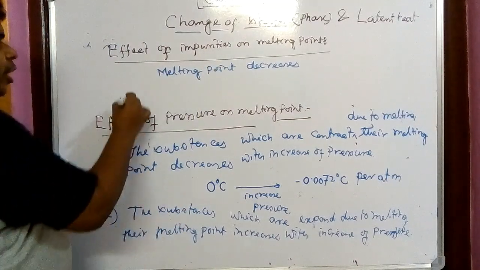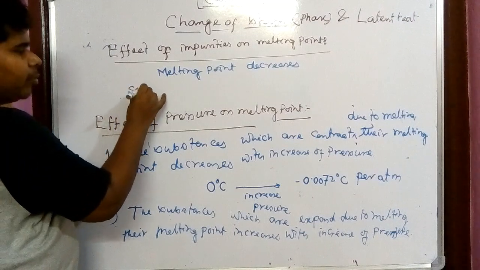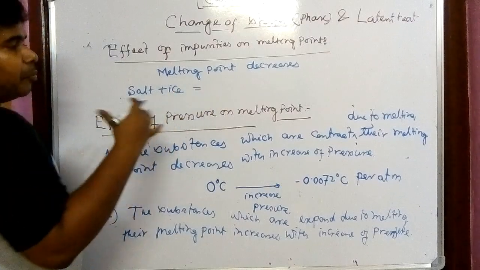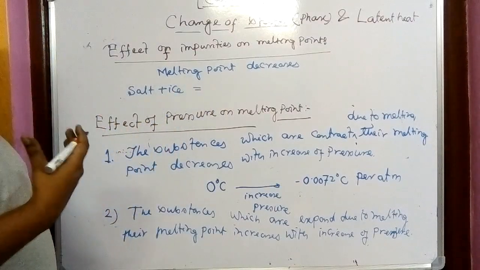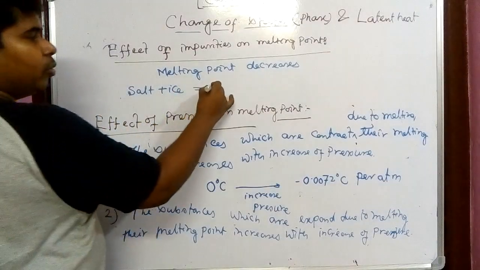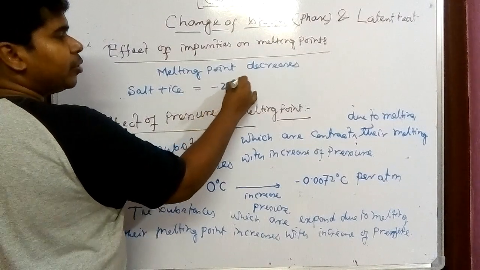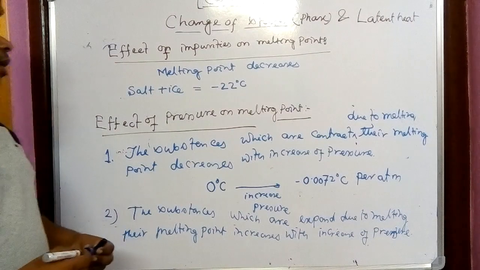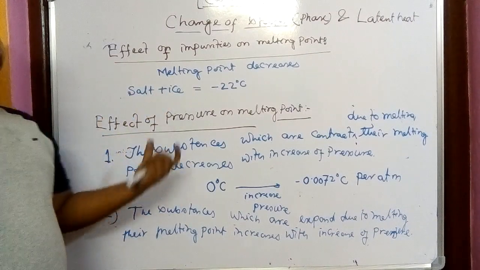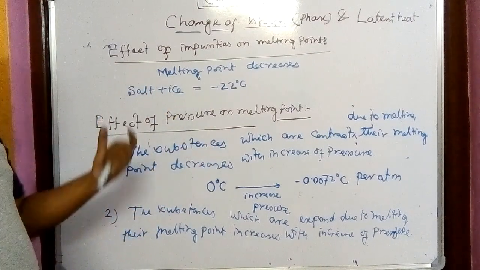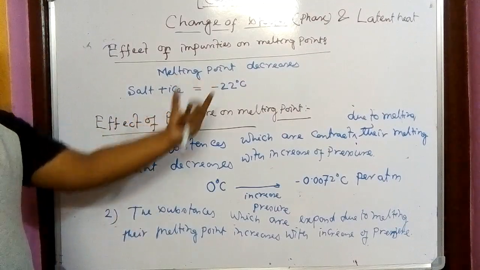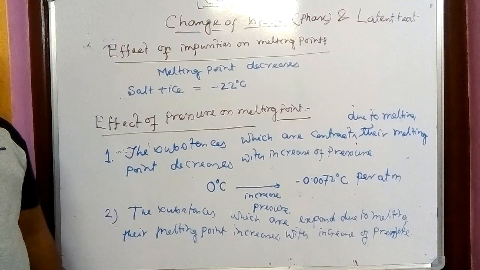It is told that if you add an adequate amount of salt with ice, then the melting point of this mixture goes to almost minus 22 degrees centigrade, because you know for the case of ice it is 0 degrees centigrade, but as you add salt as impurities, then it goes to minus 22 degrees centigrade.